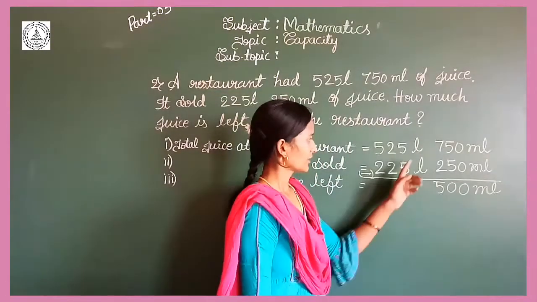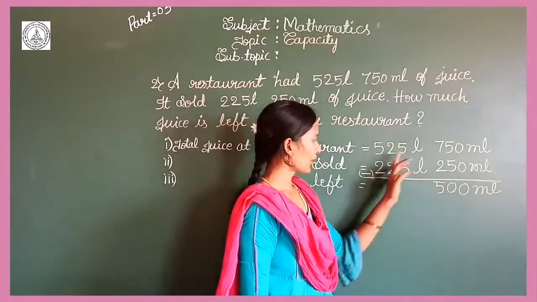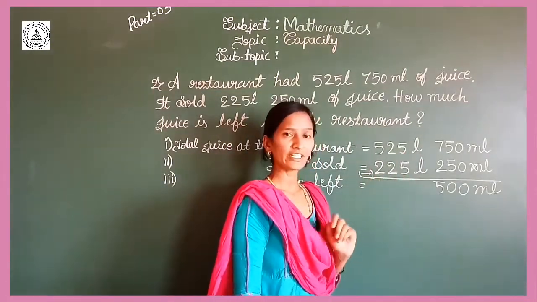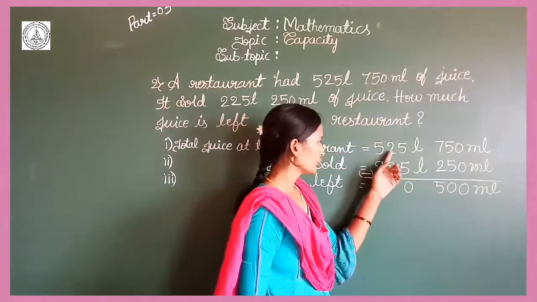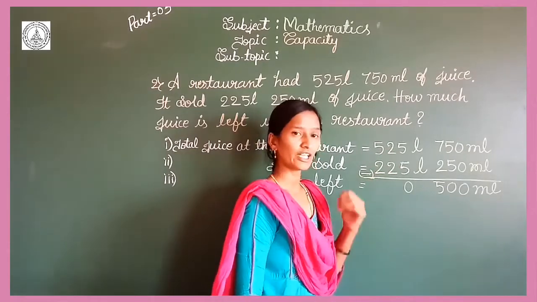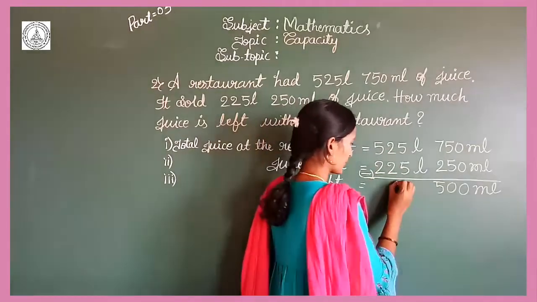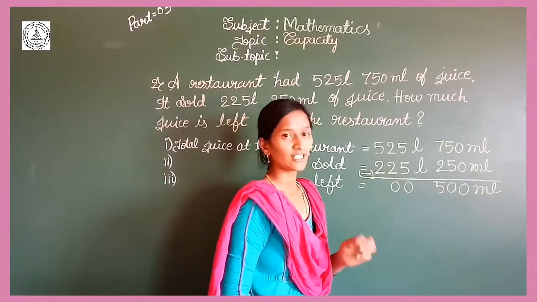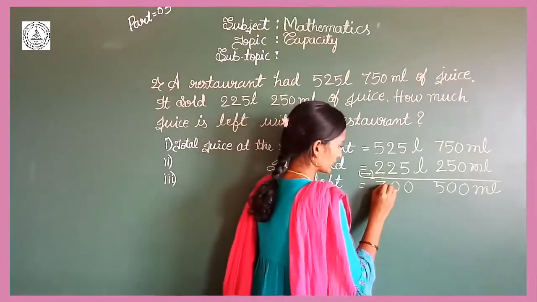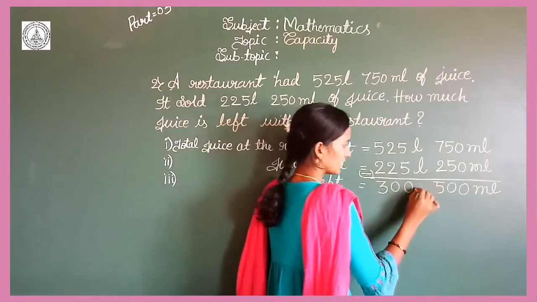The next, come to the liter part. 5 minus 5. It is 0. Write here 0. The next, 2 minus 2. It is also 0. The next, 5 minus 2. It is 3. Write down here 3. See here, the liter is there.